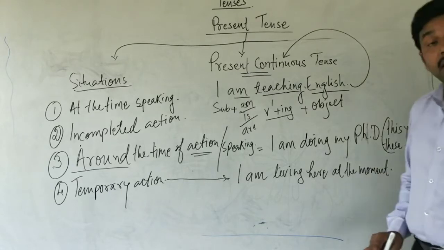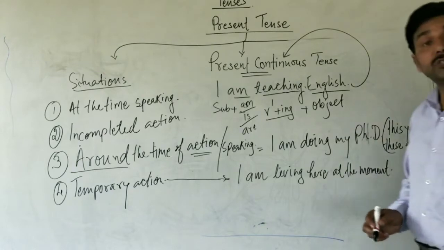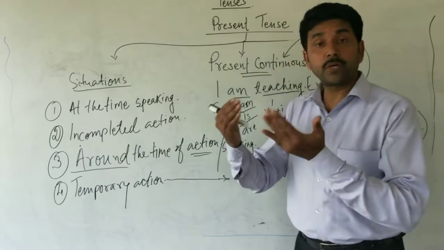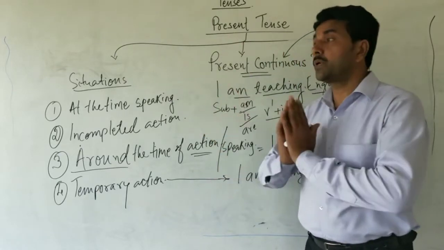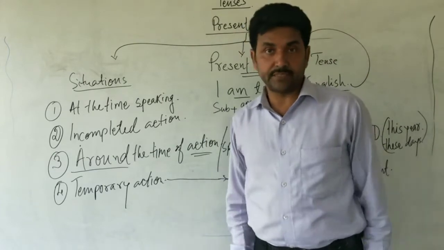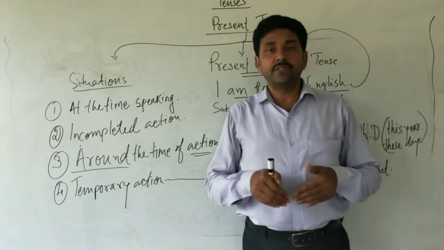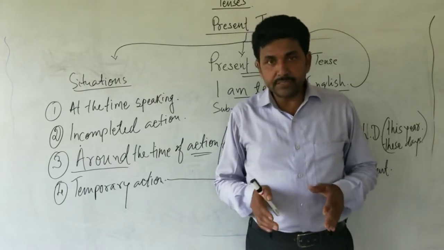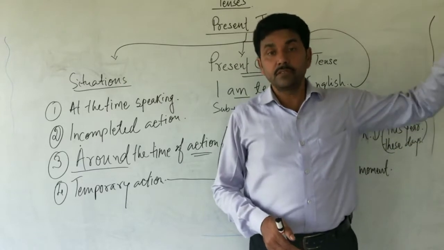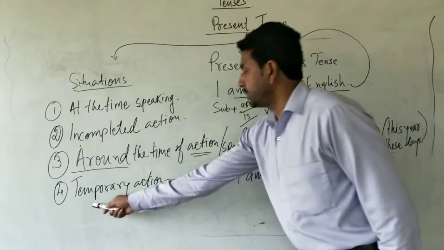This means I am living here at the moment, means I do not live here permanently. For permanent living, we use present simple tense. I live in India, but here I am living at the moment. That means this is not India, or not the place where I used to live permanently. So we can also use it for temporary action.